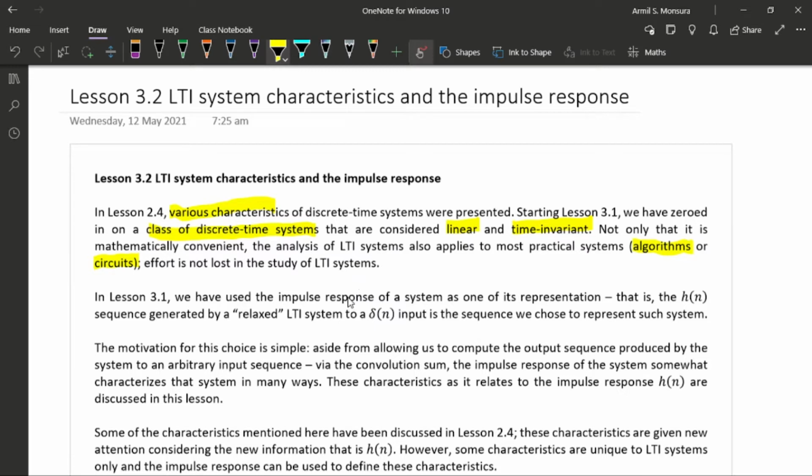Again, in lesson 3.1, we have used the impulse response of a system as one of its representations. Remember that we have two representations as of now.